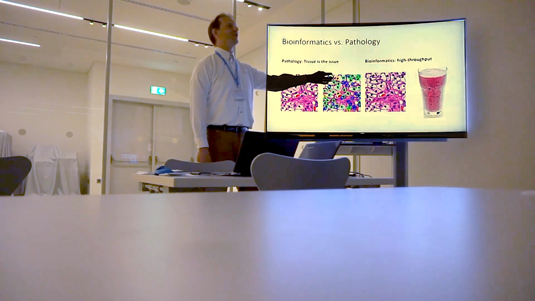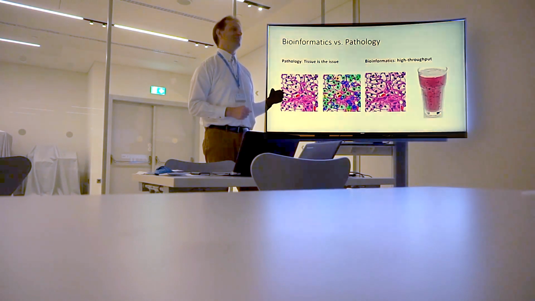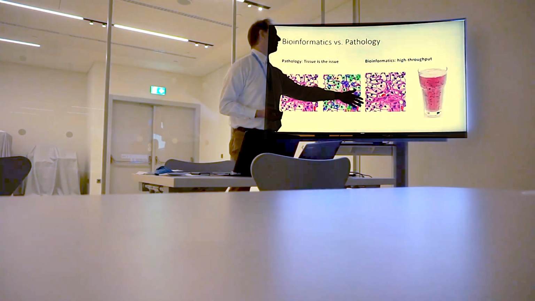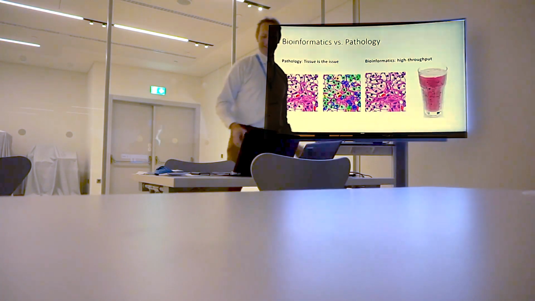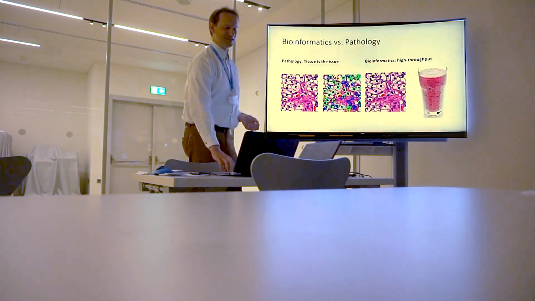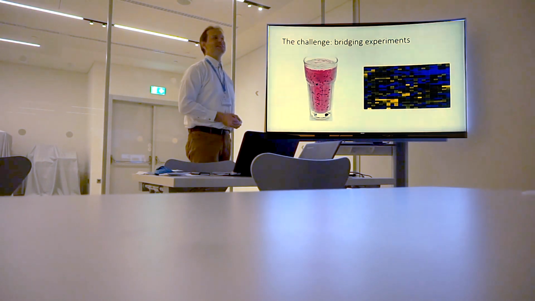In a lot of protocols, you grind up the tissue, you extract all the DNA from it, but your basic material isn't the topology anymore. It's more a smoothie like that, from which you then try to extract features again. And the challenge then is to bridge the experiments, right?